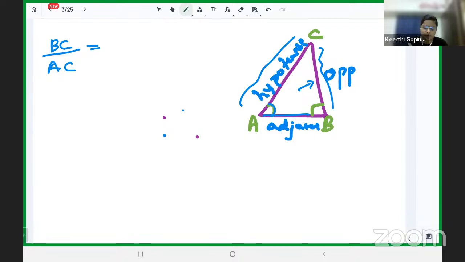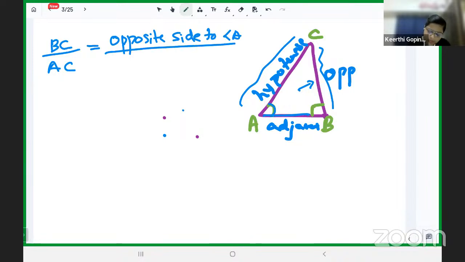It is the opposite side to angle A, isn't it? Divided by AC, which is the hypotenuse of the triangle, right? So with respect to angle A, BC is the opposite side and AC is the hypotenuse.